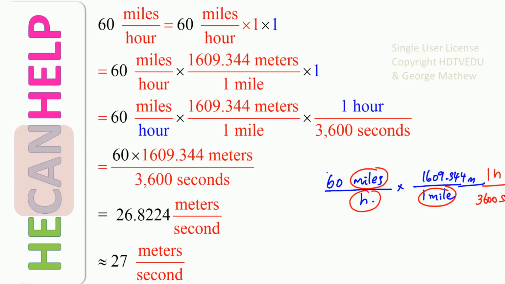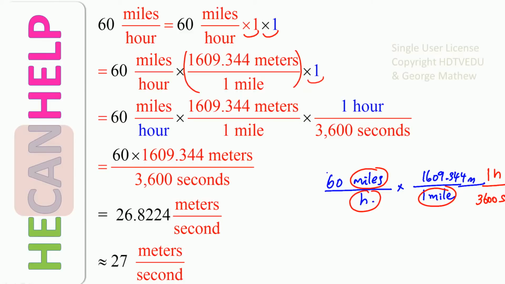60 miles per hour times 1 times 1. Why? We have two kinds of units, miles and hour. We have to convert miles to meters and hour to seconds, and multiply by 1. 1 mile is equal to 1609.344 meters. So what is 1609.344 meters divided by 1 mile? It's equivalent to 1.